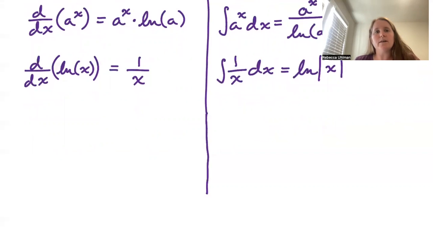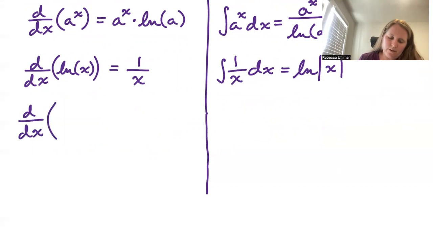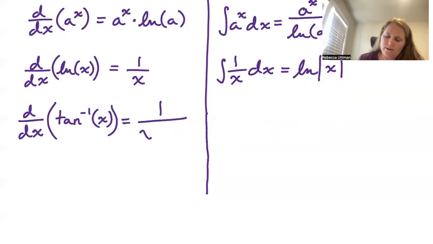Moving from here, we'll go ahead and look at some of our inverse trig derivatives. So again, the derivative of tan inverse of x is 1 over x squared plus 1.